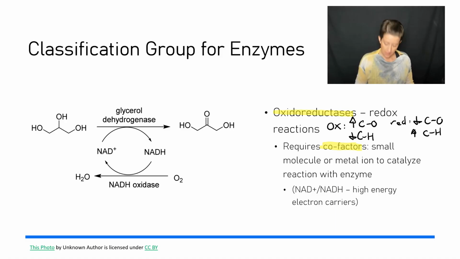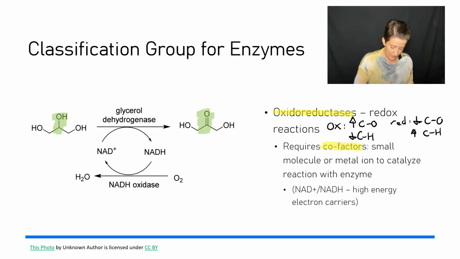If our substrate is going to undergo oxidation, so looking here at glycerol. So glycerol is a 3-carbon compound that has 3 OH groups. On carbon 2, it is going from an alcohol to a carbonyl.